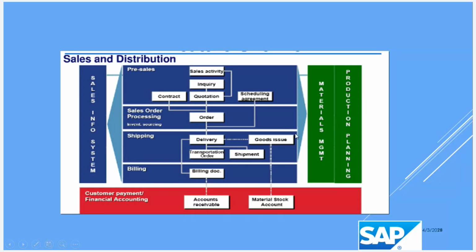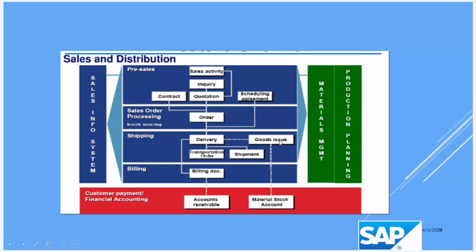This material can be delivered either, if you are running a production company, your production will happen and then you deliver the material. If you are a trading company, that means you are procuring items from the vendor and selling to your customer. So that is the procuring company. In that case, it will be delivery upfront. Otherwise, you have to wait for the production process. After the production process, the material will be delivered.